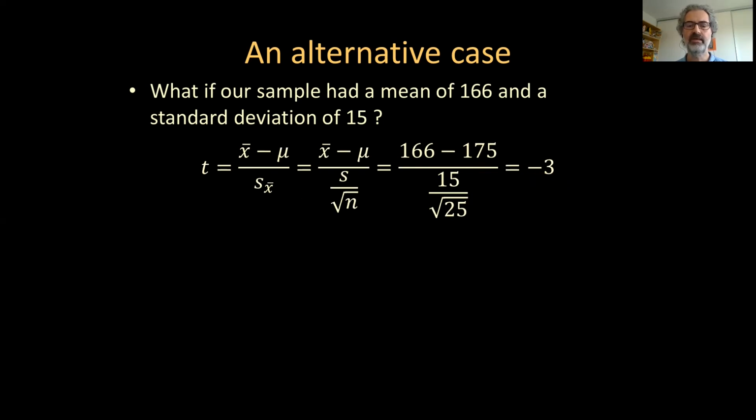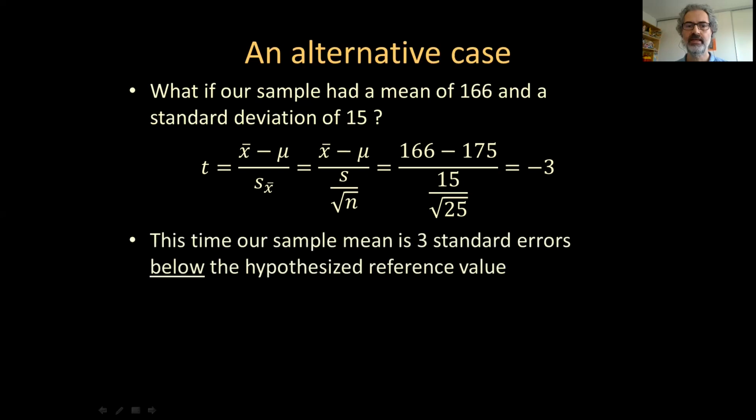So we are 3 standard errors away from our reference value. And because it's a minus, it means we are 3 standard errors below, not above, the reference value. The negative sign indicates that our sample mean lies to the left of the reference value. If this were positive, we would be to the right.